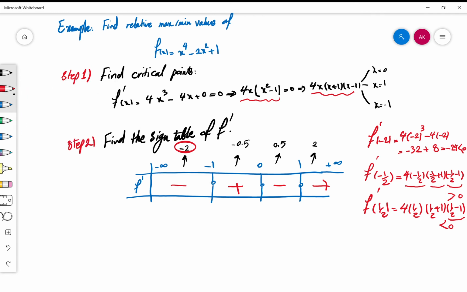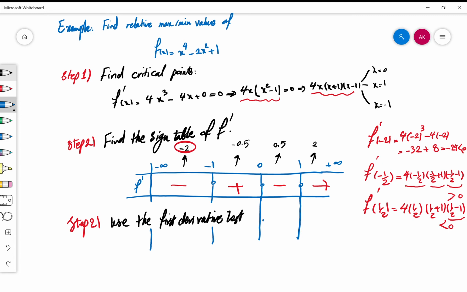But step 3 is to use the first derivative test. So I can continue this table like this.